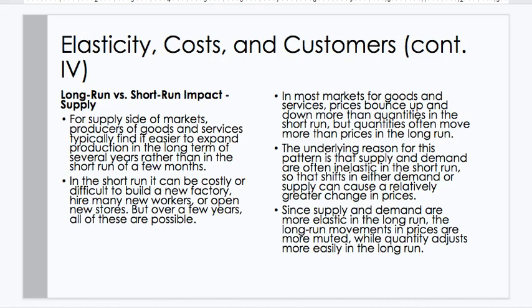In most markets for goods and services, prices bounce up and down more than quantities in the short run, but quantities often move more than prices in the long run. The underlying reason for this pattern is that supply and demand are often inelastic in the short run, so shifts in either demand or supply cause a relatively greater change in prices. Since supply and demand are more elastic in the long run, movements in prices are more muted, while the quantity adjusts more easily.